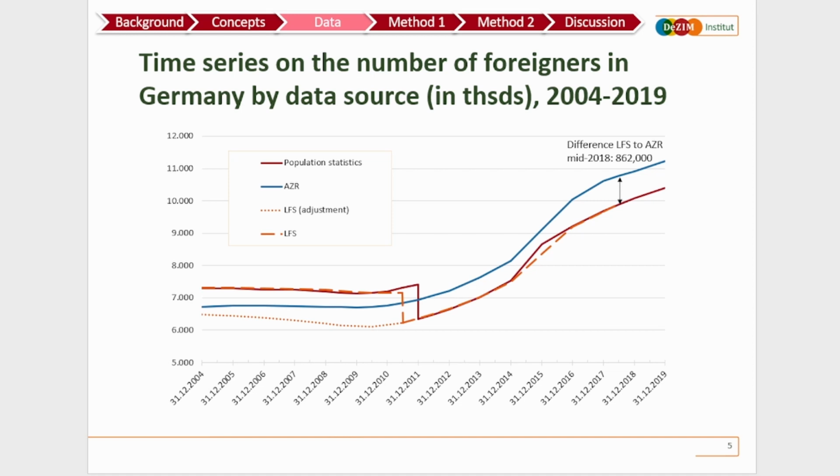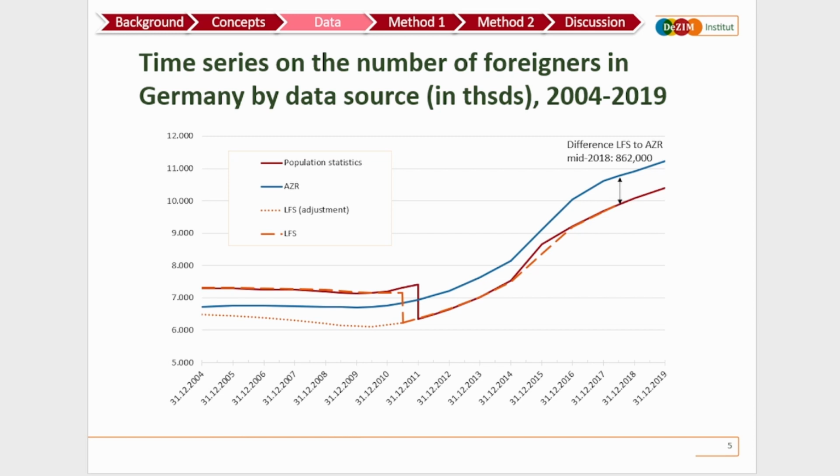So there is a clear difference between the data sources, and you can see here in the red line that there was a census, post-census correction for the population statistic, where the total number of foreigners was reduced by around 1 million foreigners at that time.